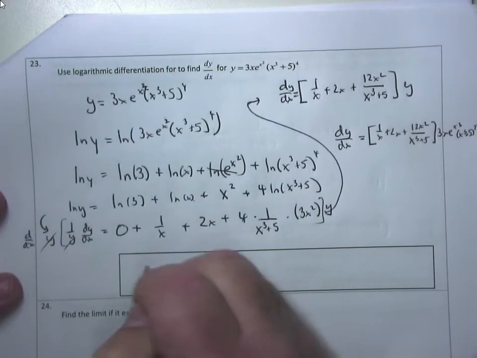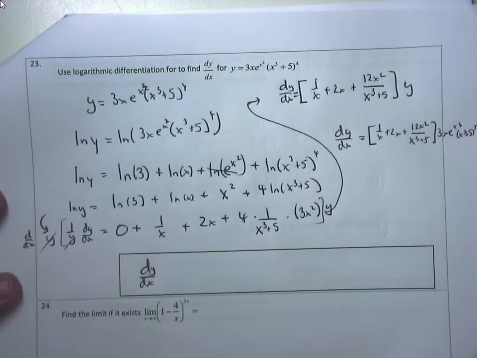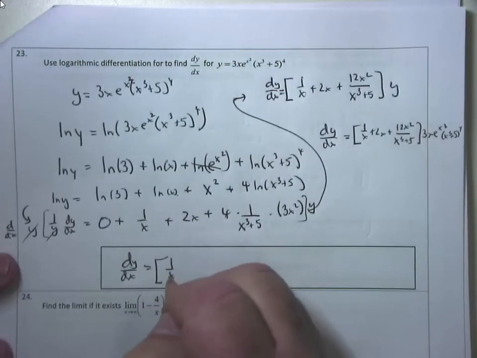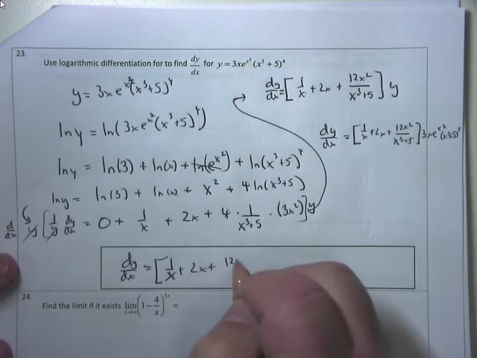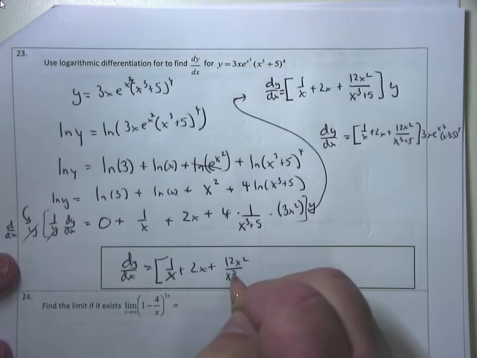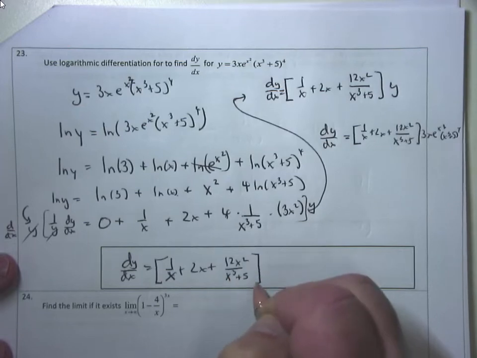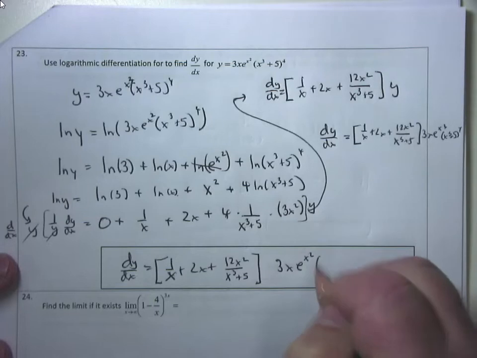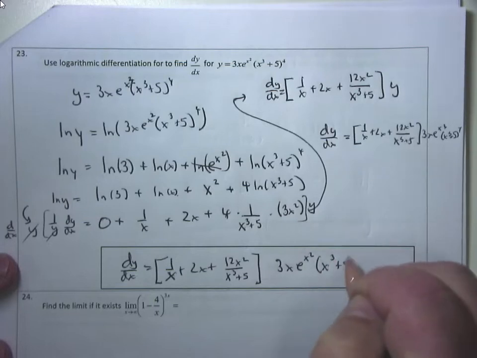And I'll write them here so you guys can actually read what I wrote down here. So dy over dx is equal to bracket 1 over x plus 2x plus 12x squared over x cubed plus 5 times 3x e to the x squared times x cubed plus 5 to the 4th power.